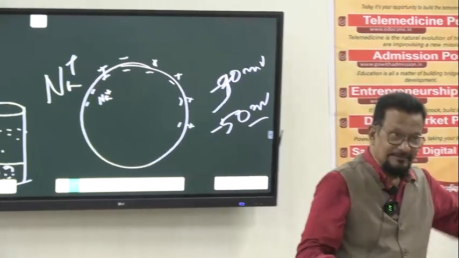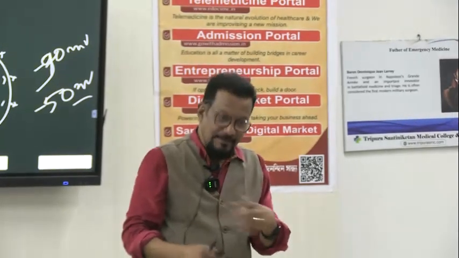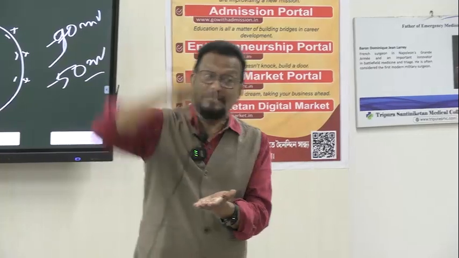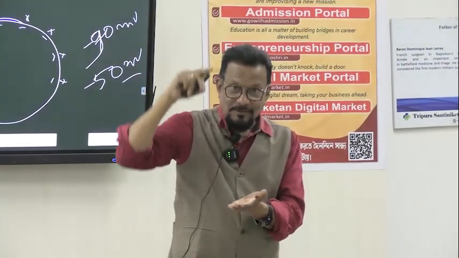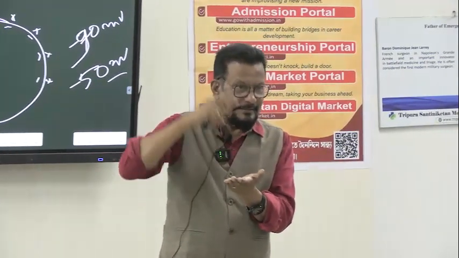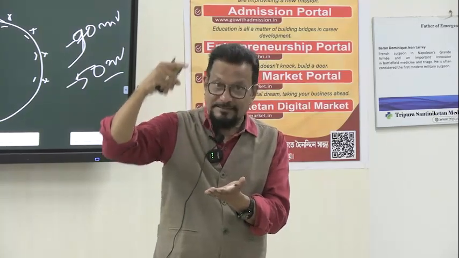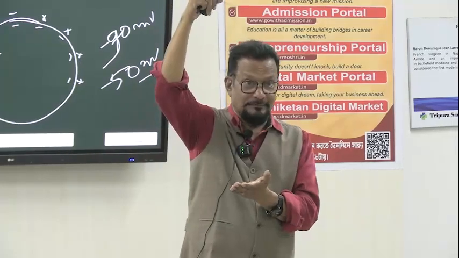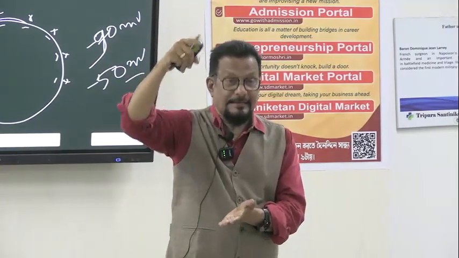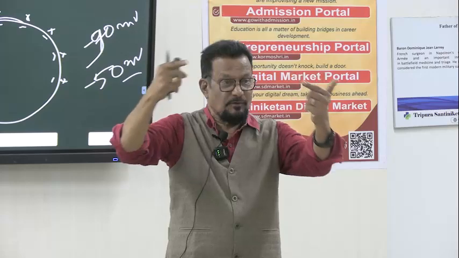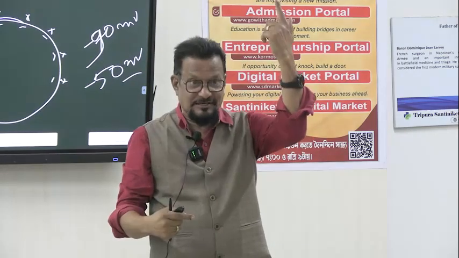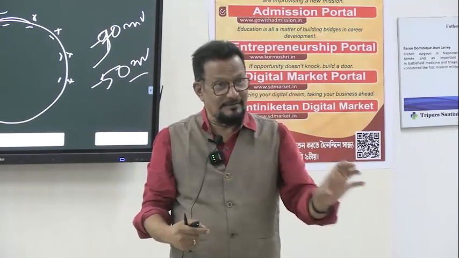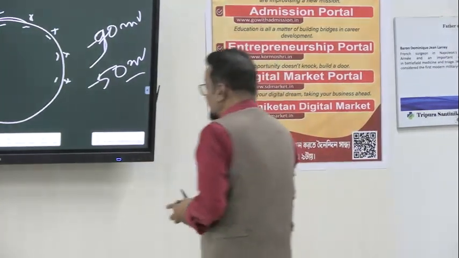Through this channel, sodium ion is entering and it is changing the resting membrane potential towards positivity. Minus 70, minus 60, minus 50, minus 30, minus 20, minus 10, then 0, then plus 10, plus 20, plus 30 or plus 40. So this is the reversal of potential. This is called depolarization. Polarity is changed.